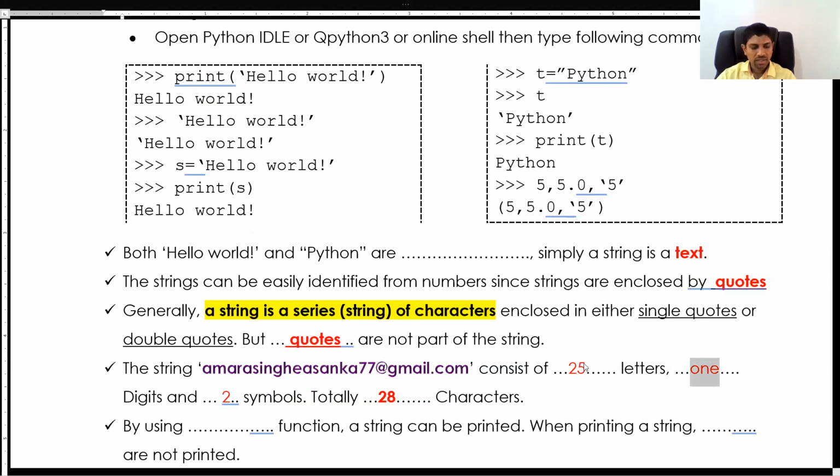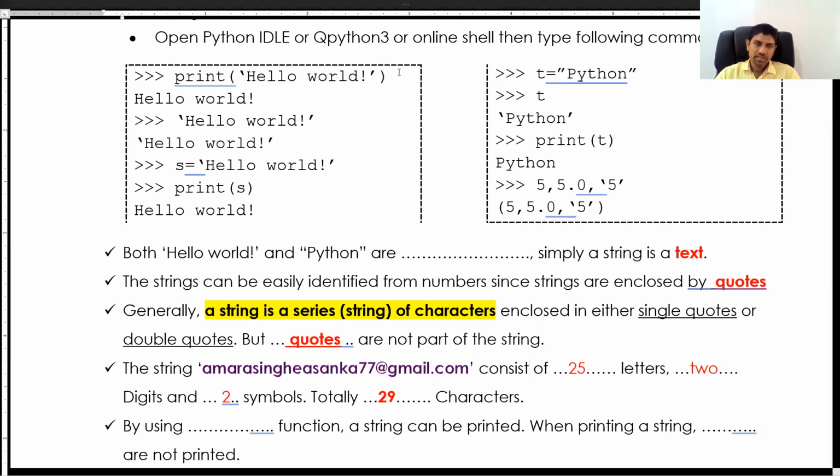As an example, I have put in a string. It is my email address, amarasinghasanka77@gmail.com. It's a string, right? It's a string consisting of 25 letters.